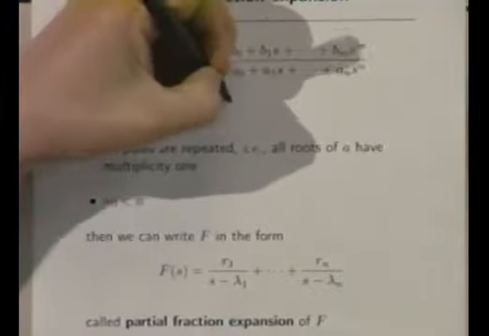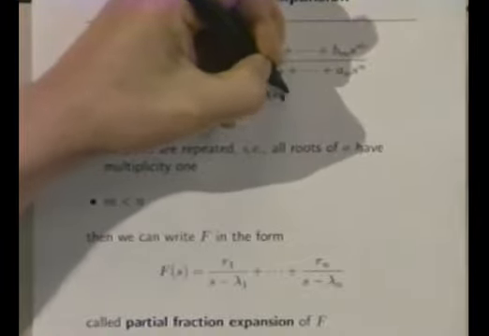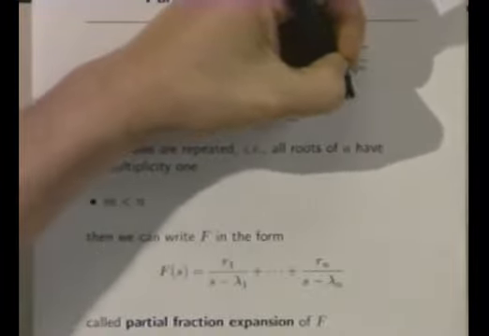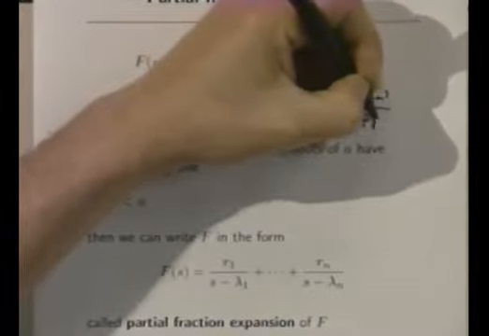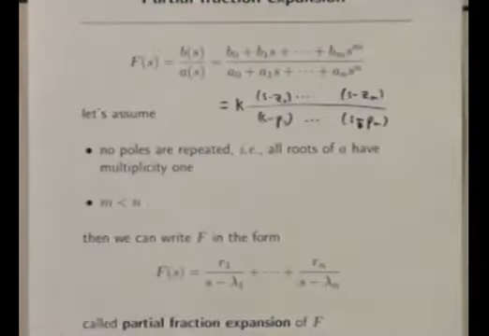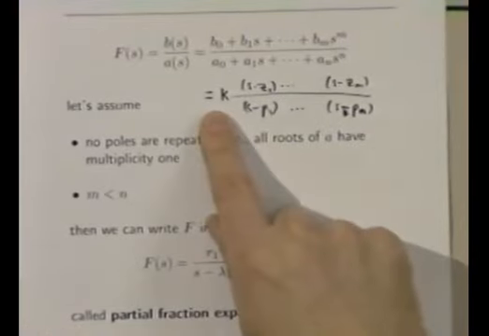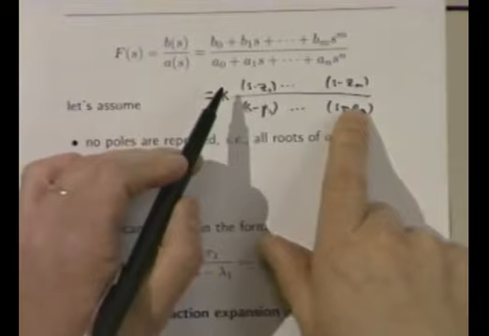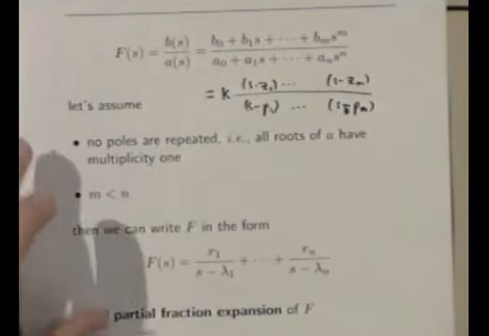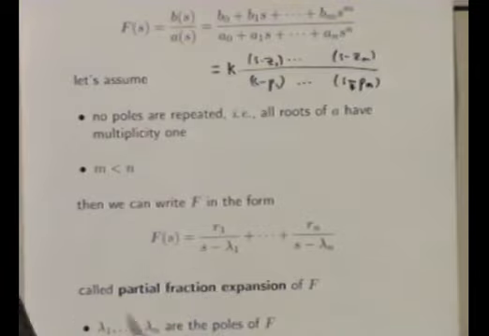For example, if I write it in the factored form, s minus z1 and so on, over s minus p1 up to s minus p sub n, I'm effectively writing the rational function as a product of rational functions with simple numerator and denominator. Here, I'm writing it as a sum, and it's different.